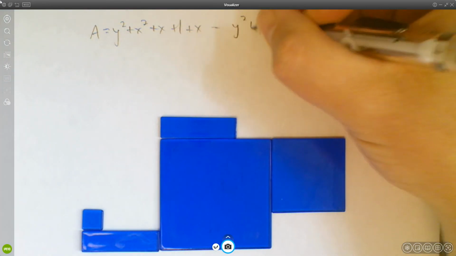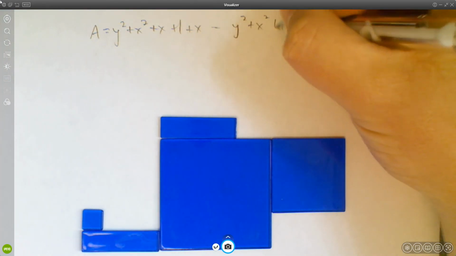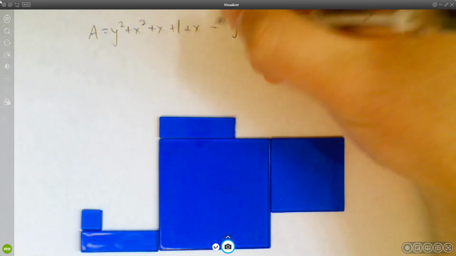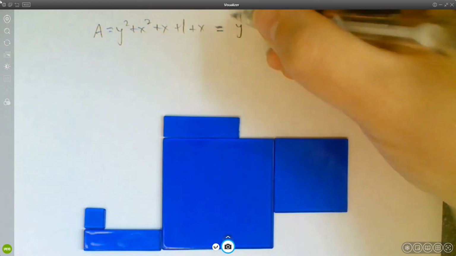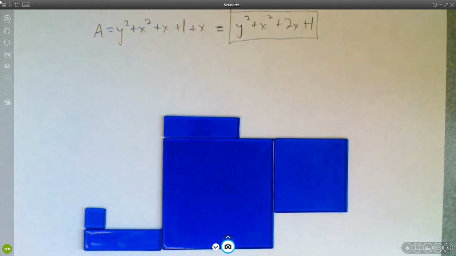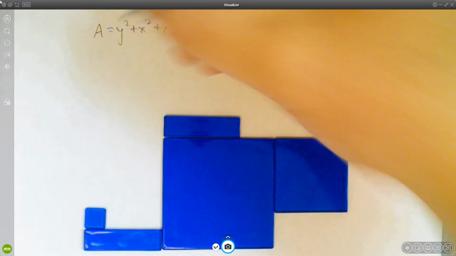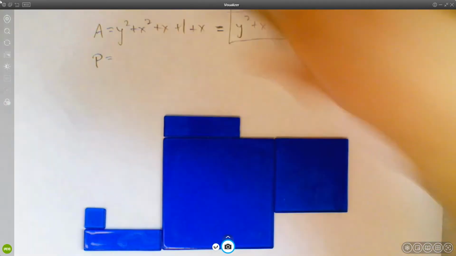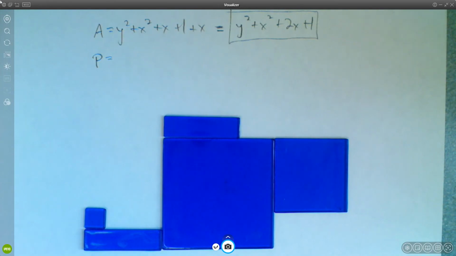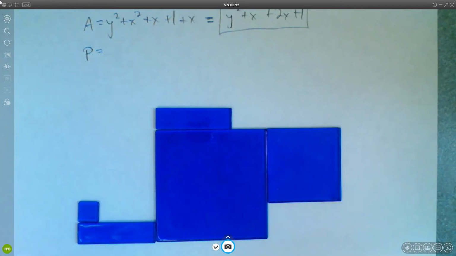That's y squared plus x squared plus 2x plus 1. Okay? What about the perimeter, though? Well, so the perimeter, that's the trickier one. But let's see if we can do it.